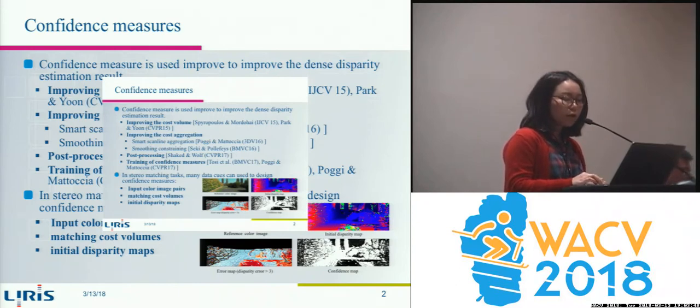As shown in the figure below, the first one is the reference color image, which is the left image in an image pair by default. The second one is the initial disparity map. It is achieved by directly applying the winner-take-all strategy after matching cost-value computation. The third one is the error map.